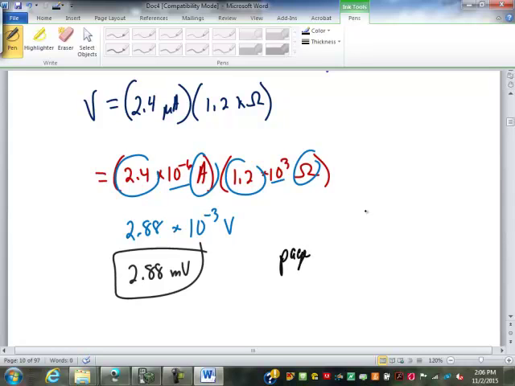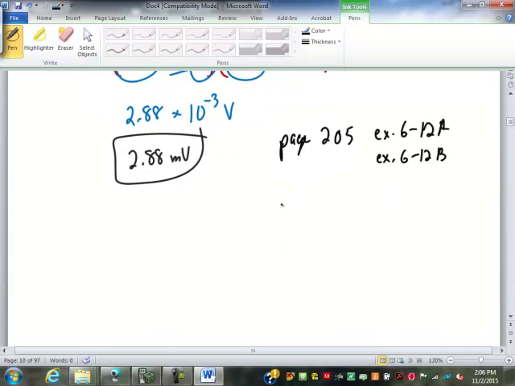In the big book, on page 205, it is exercise 6-12A and exercise 6-12B. Do the odds there. On page 208, exercise 6-12C.